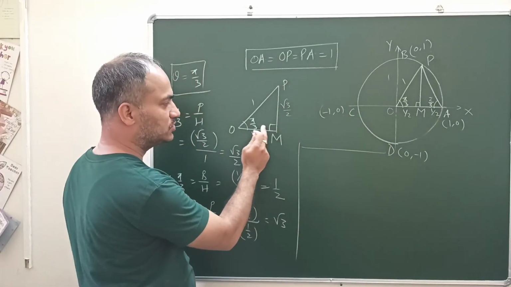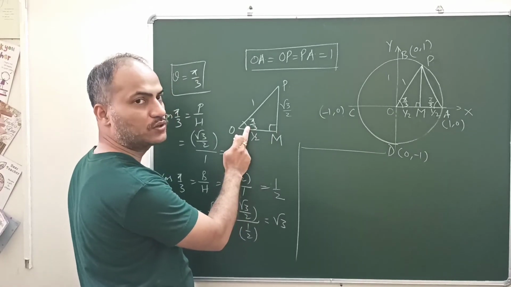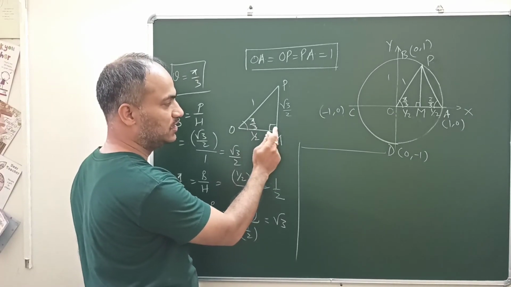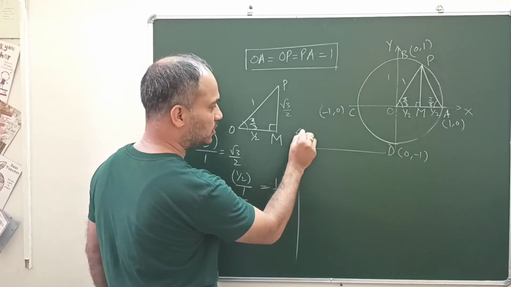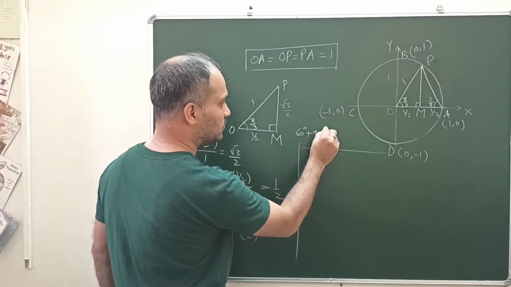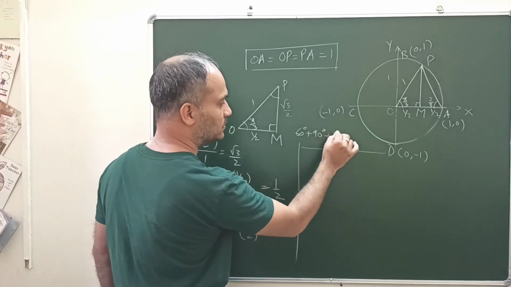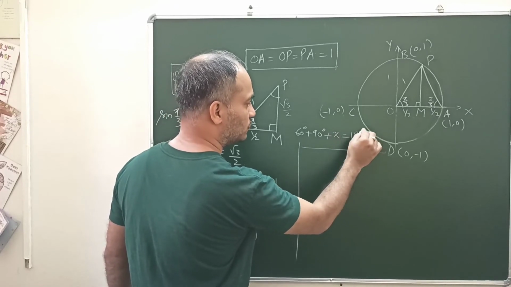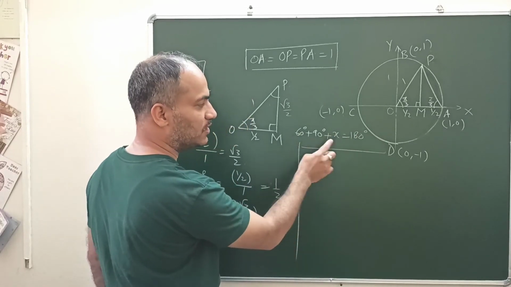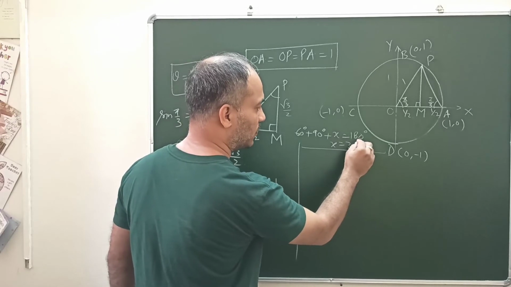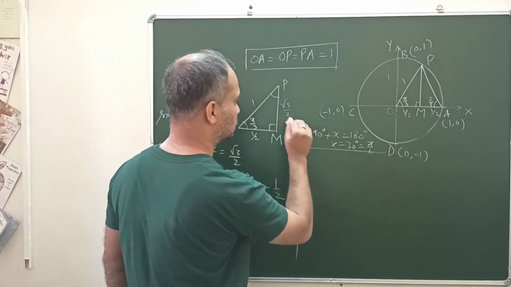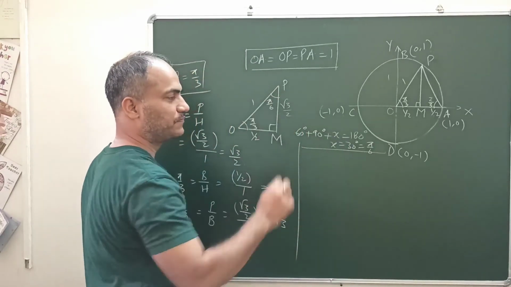Here we have seen that two angles of the triangle are known to us. Pi upon 3, that is 60, and this is 90. So 60 degrees plus 90 degrees plus x, suppose this angle is x, is equal to 180. So when we simplify, this is 150, so x is 30 degrees only. 30 means pi upon 6. So this value is pi upon 6.